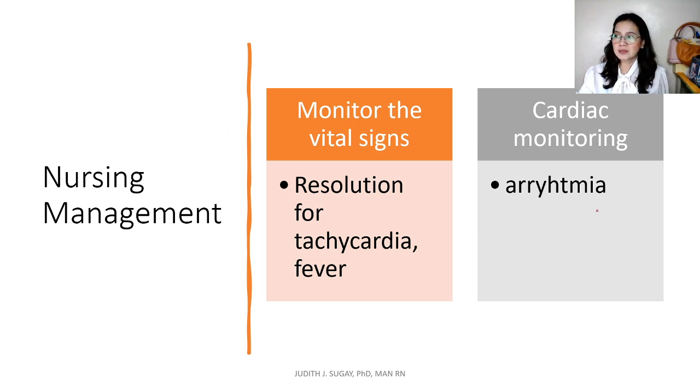For cardiac monitoring, there might be arrhythmia, so always check the condition of the patient. Whenever you check the vital signs like the blood pressure and pulse rate, you can corroborate results. Then refer to the doctor if necessary, like if there are significant findings or observations that you made, all right?